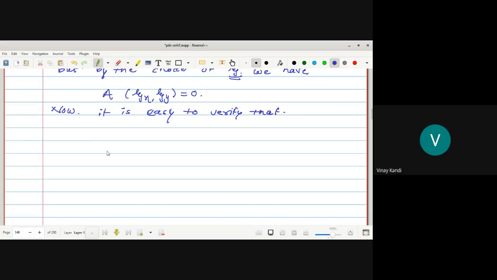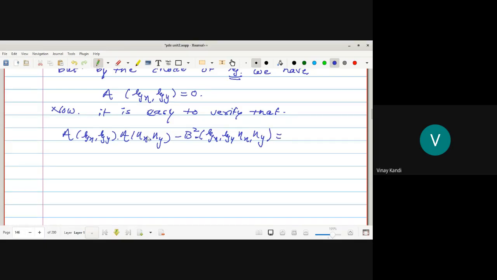Okay, A is the function of psi x psi y into A is the function of eta x eta y minus B square. Okay, I will tell you later why we considered this. B square of psi x psi y eta x eta y.